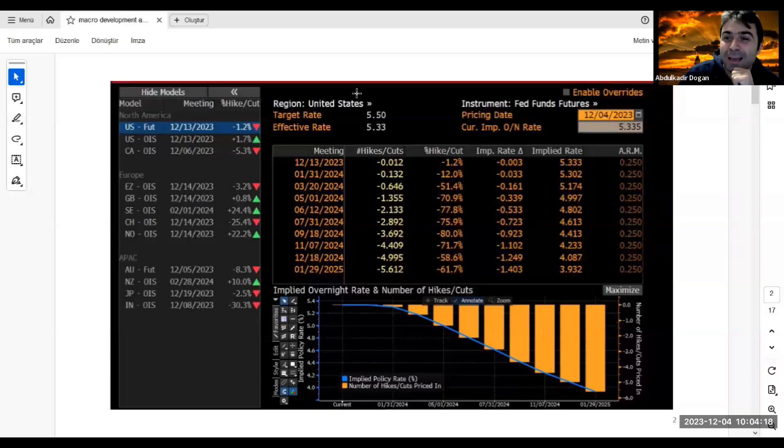At the top right of the page, you will see today's date. So this screen directly gives specific information about the probability of rate hike and rate cut by the Federal Reserve government.